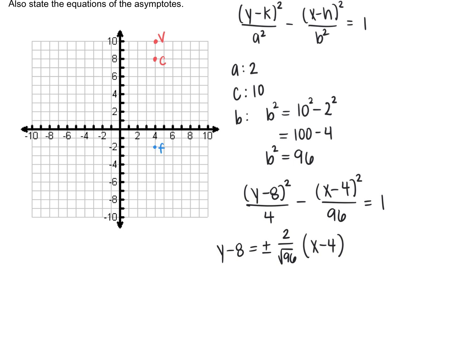And I don't need to distribute or resolve so that it's y equals, because this tells me that I use the center (4, 8) as the starting point for my asymptotes. And the only thing that matters after that is my slope, which is 2 over the square root of 96.